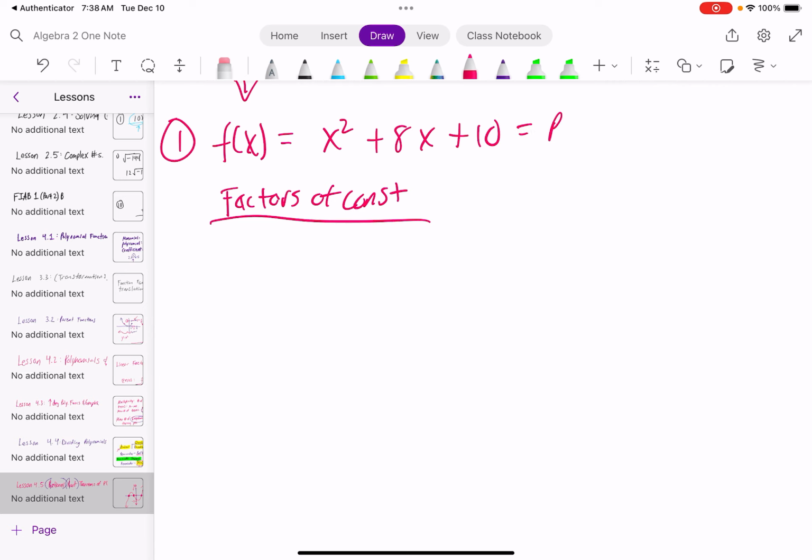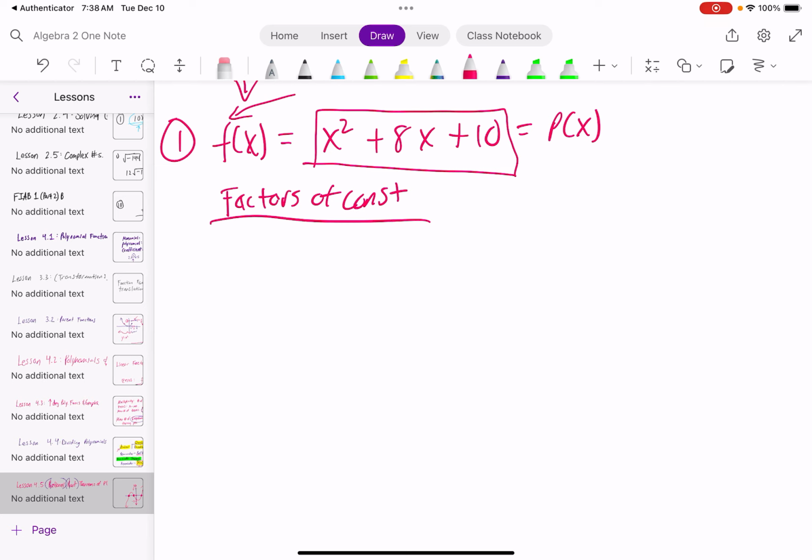Notice that this is a polynomial. I could have written it like this, p of x, polynomial, just understanding that this function here is a polynomial, as you can see. It consists of multiple terms.